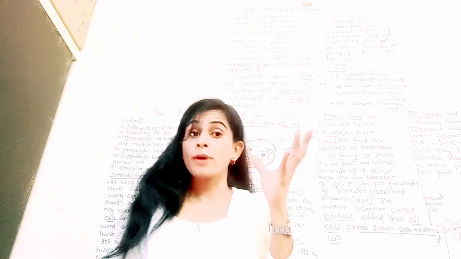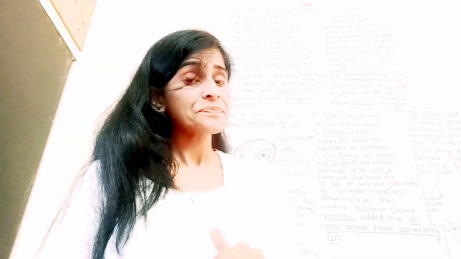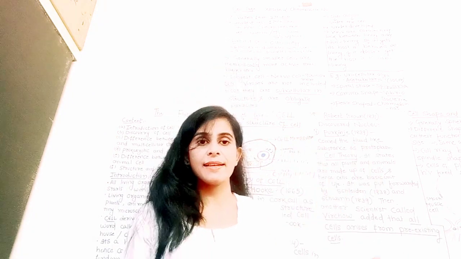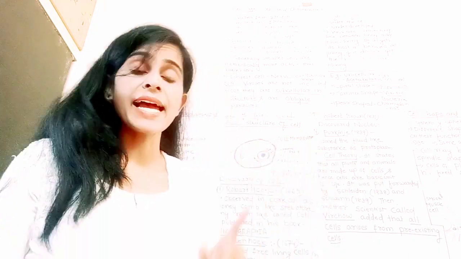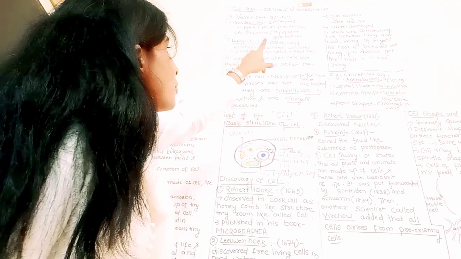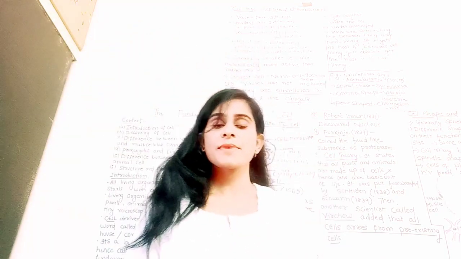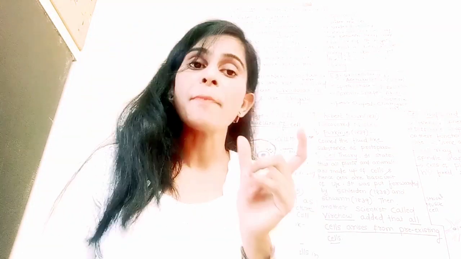One important question is, which is the smallest cell? The smallest cell is PPLO. What is PPLO? It's pleuropneumonia-like organism, and it has another name, which is called mycoplasm. It will be easy to remember mycoplasm.